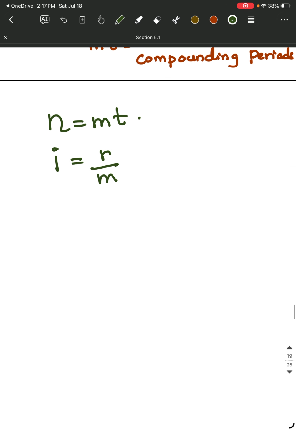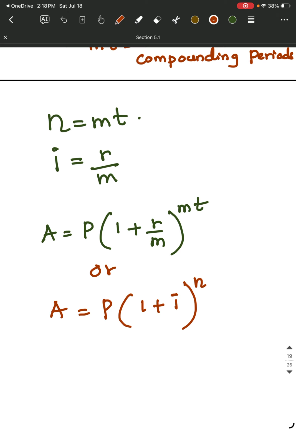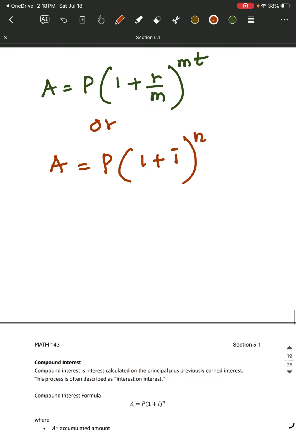Okay, that means we have the accumulated amount A equals P times 1 plus R over M to the power MT. Also, we can rewrite it as A equals P times 1 plus I to the power N. Right? Okay, then let's see the example.